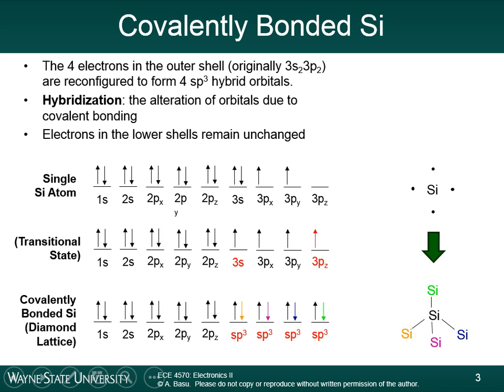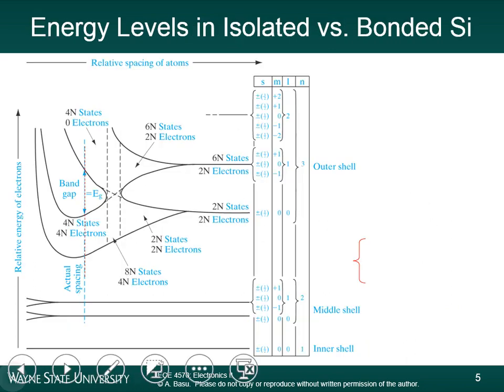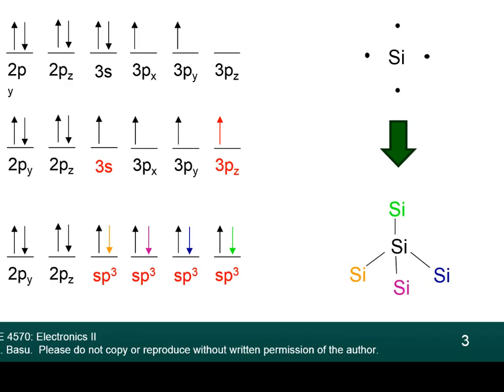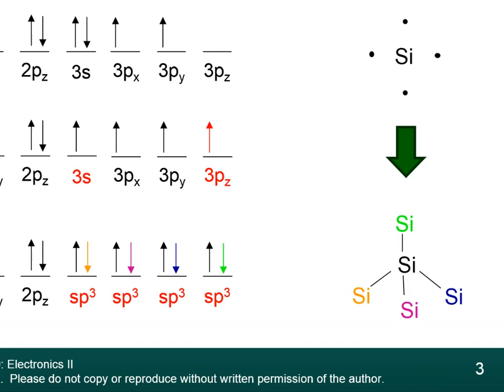So the coloring scheme here is basically showing, you have this silicon atom here. The green one is contributing one of the electrons to this bond. This purple atom is contributing this electron.